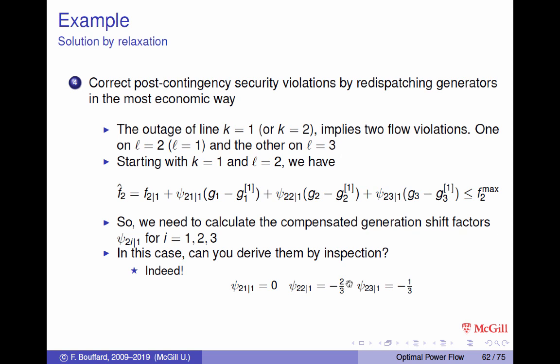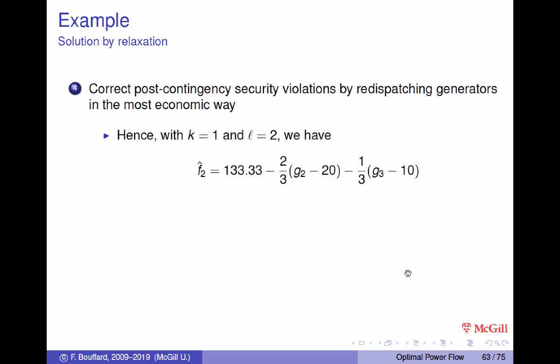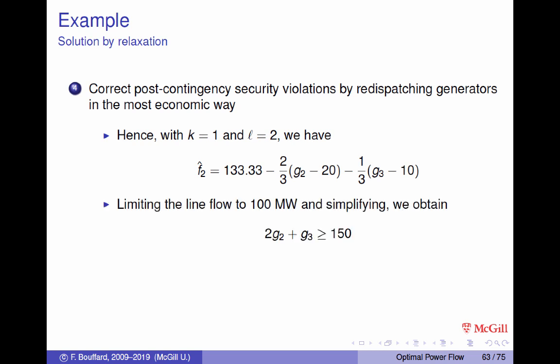We find that in this case, by injecting at node 2, it creates a counterflow of 2/3. And if we inject at node 3, we get a counterflow of minus 1/3. So therefore, we can rewrite our inequalities, and we need to make sure it's under 100 megawatts. So in rearranging the terms, we find that twice G2 plus G3 has to be greater than or equal to 150. So what do we do next?